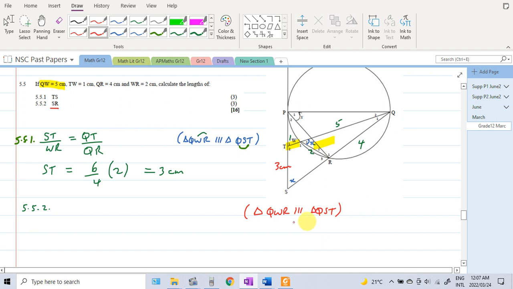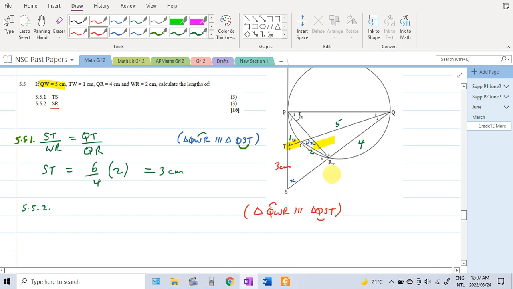We want to find SR, so we can say QS over QW. Do we have QW? We do have QW. And WR over ST. Yes, we can use both. So let's write it down.